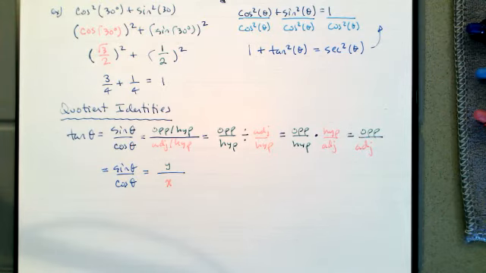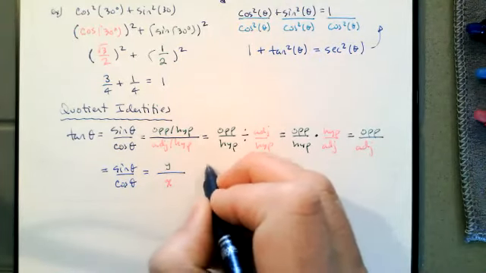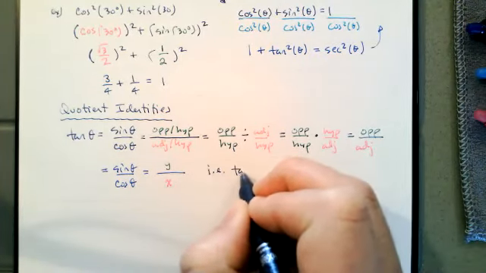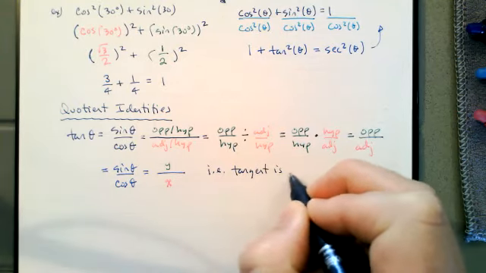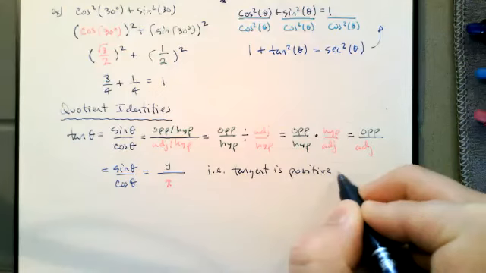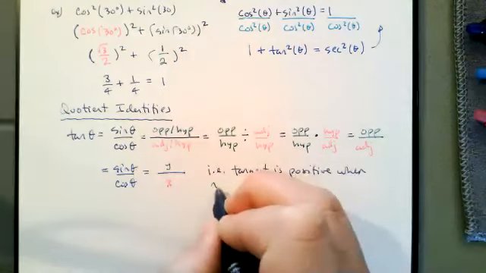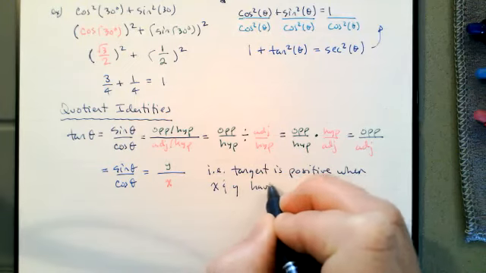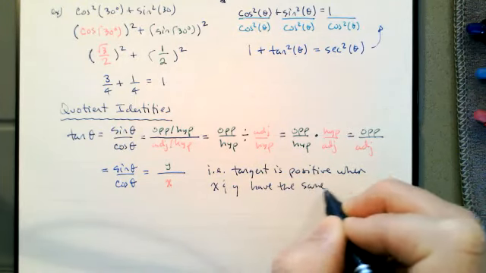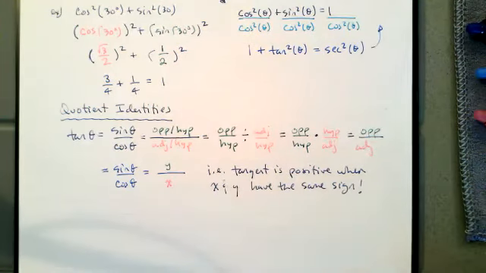Because tangent is positive when x and y have the same sign, positive and negative. In the first quadrant, x and y are both positive, and in the third quadrant, x and y are both negative, so dividing them, the negatives cancel and we get positive. Any questions?